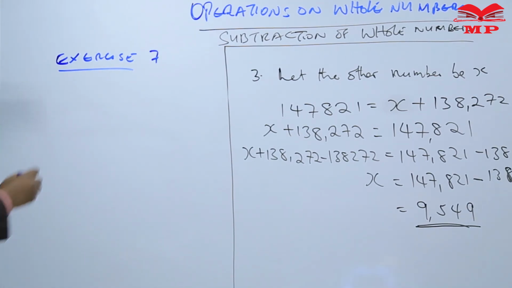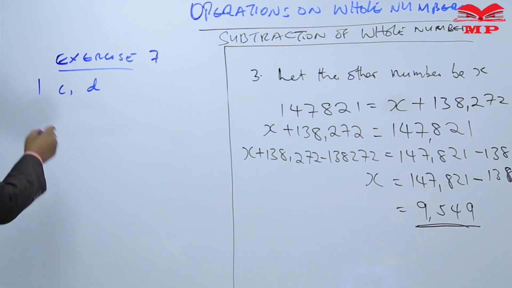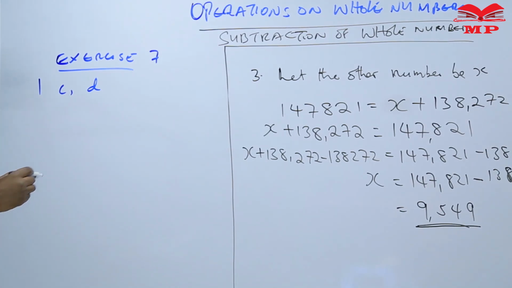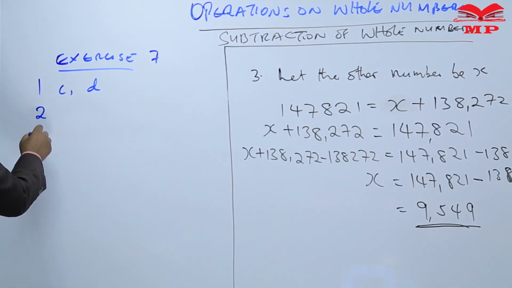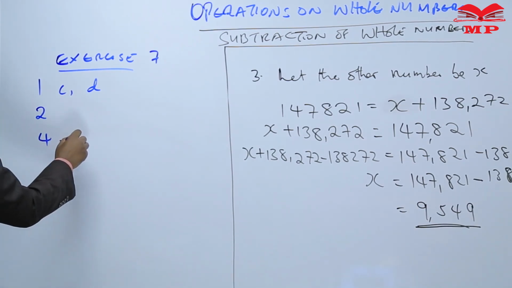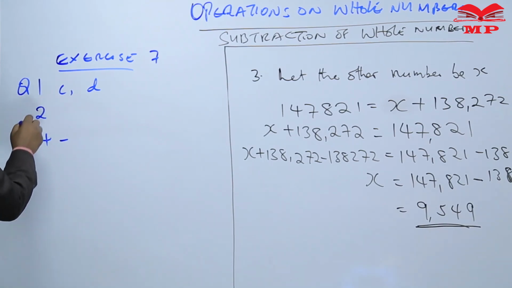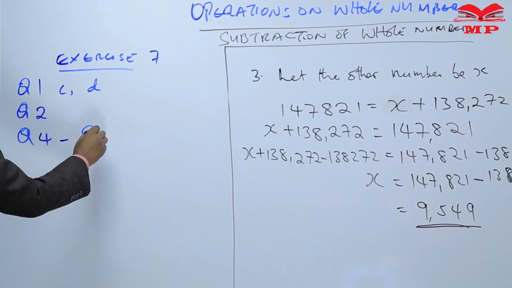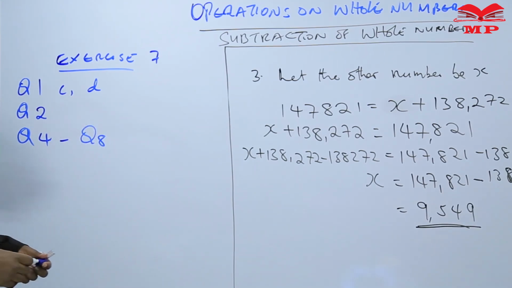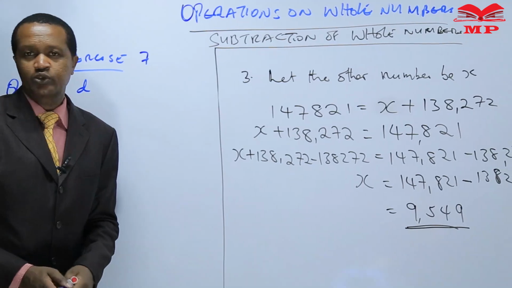Question 1C and D, because we did A and B. Then you have done question 3. I want you to do question 2, then question 4 up to question 8. The operation is subtraction. So that will be your homework.